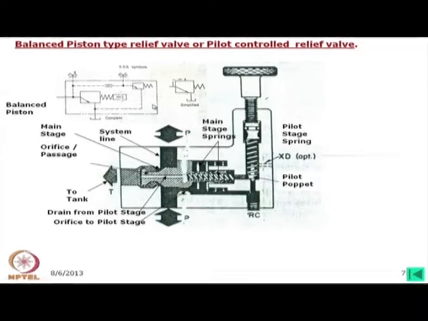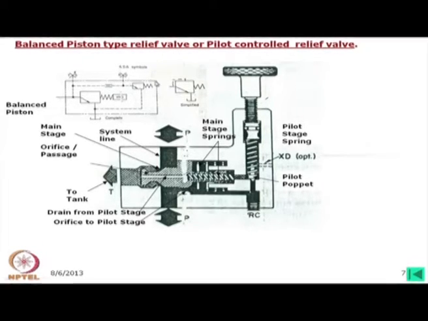Now, looking into the symbols, we also use this simplified symbol for this one. The only thing is that here we have shown the pilot lines, as you see. There is an alternative simplified one which you have seen, which I will show, but here if you look into this, these are ASA symbols.